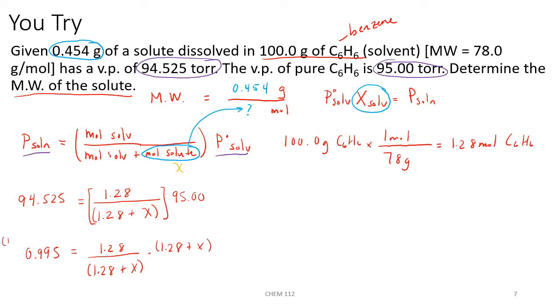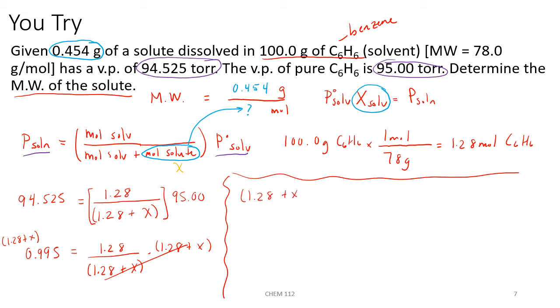It'll cancel from here, and we'll end up with 1.28 plus x times 0.995, and that's equal to 1.28.